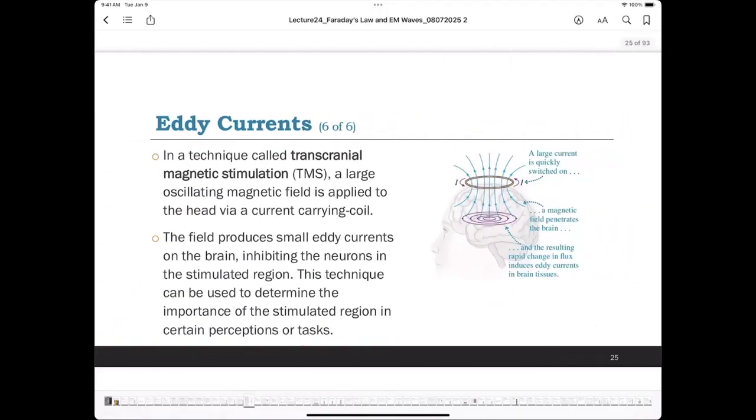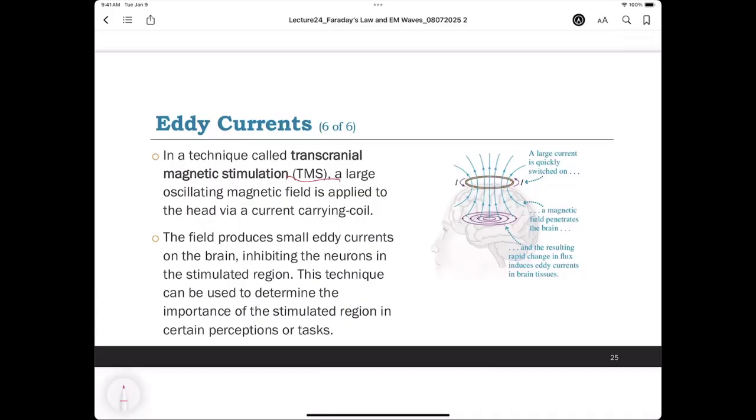Okay. Let's continue to talk about another application for eddy currents, in a technique called transcranial magnetic stimulation, we call it TMS. A large oscillating magnetic field is applied to the head via a current carrying coil.